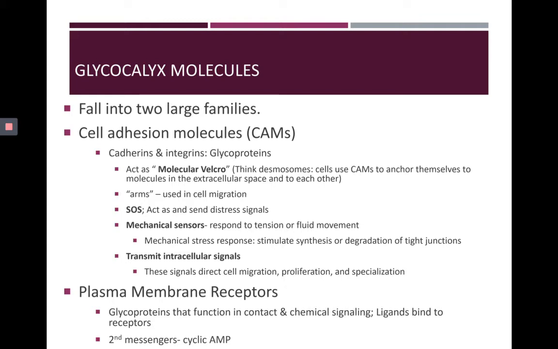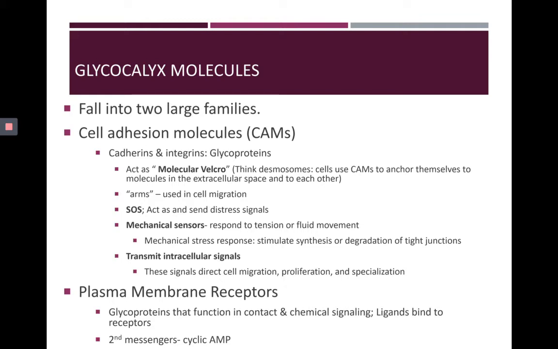The plasma membrane receptors are, as you might expect, in the plasma membrane, and they're generally glycoproteins, so again, carbohydrate molecules bound to usually integral proteins, and they would function in contact and chemical signaling. They would have something bind to them, and what binds to the plasma membrane receptor is a ligand. Now if a plasma membrane receptor is acting as an enzyme, we could call that ligand a substrate, but they're essentially the same thing.